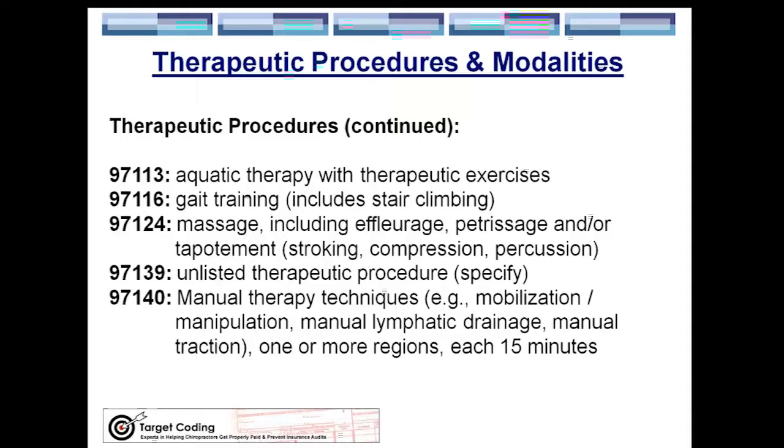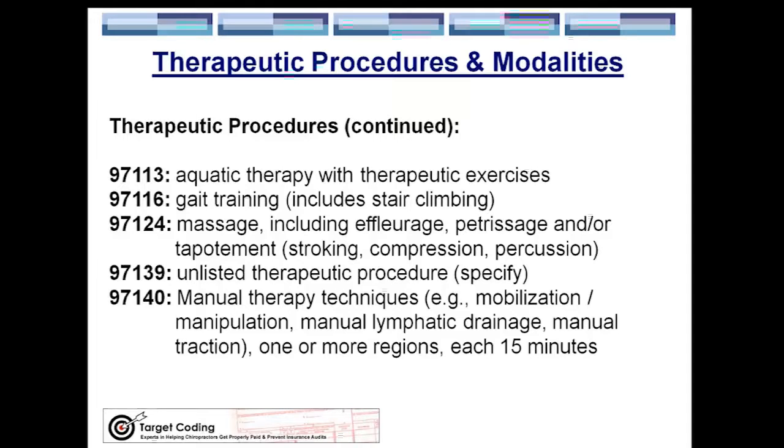Patient might have a chronic, debilitating condition where safe ambulation has become a concern. The patient needs help in the use of a walker, a crutch, or a cane. The patient has suffered some sort of musculoskeletal trauma, and gait training is required in order to get the patient ambulating better. So gait training is a very good code.